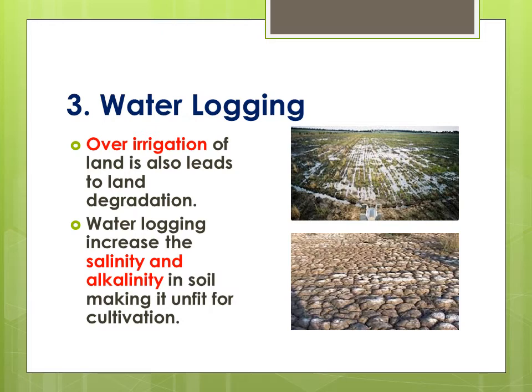We know that too little water is harmful for cultivation, and over-irrigation is also harmful. You see the salt over the soil. Salinity increases in the soil, so it becomes unfit for cultivation.